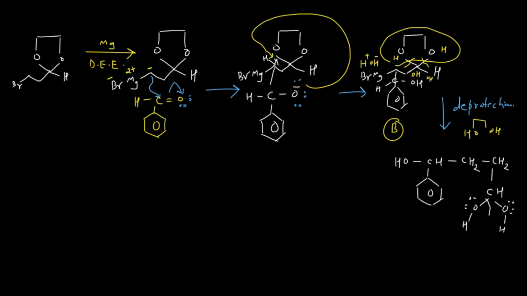This OH will grab H from here, and this will be pushed back onto this particular system. So minus H2O you have removed from here, and then you are left with this product, which is this one. This is your CH.